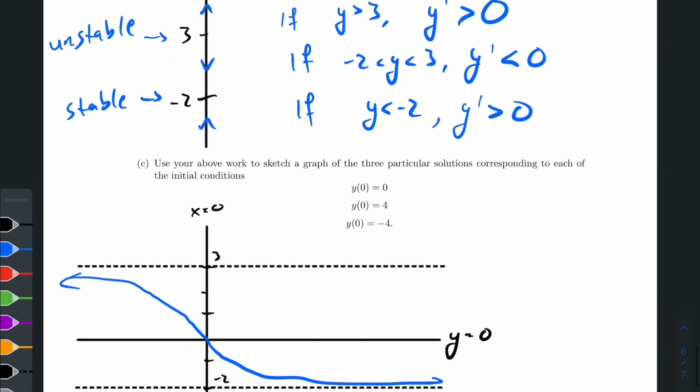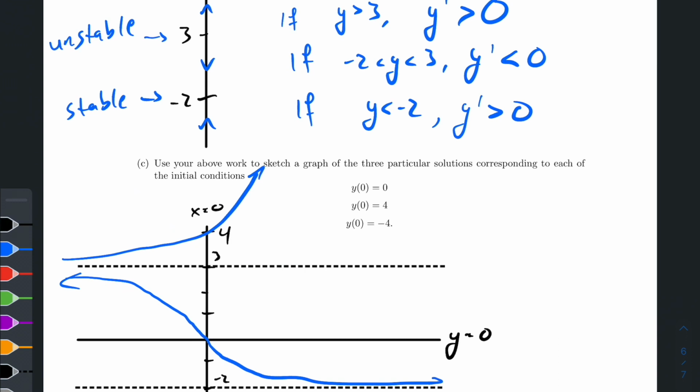Up here, y prime is positive, so slope is always positive. So it always has to be doing something like that. So here's 4. So it's going to look something like this. If it was negative, then it would look something like that. Down here, if it's negative, it looks like that.